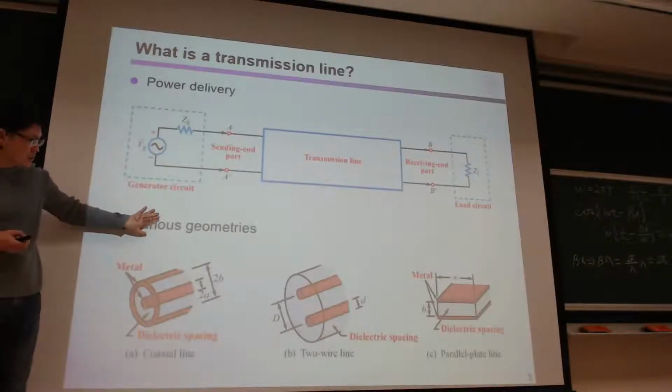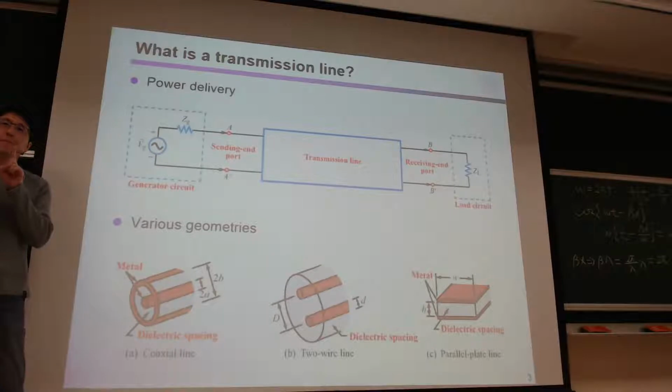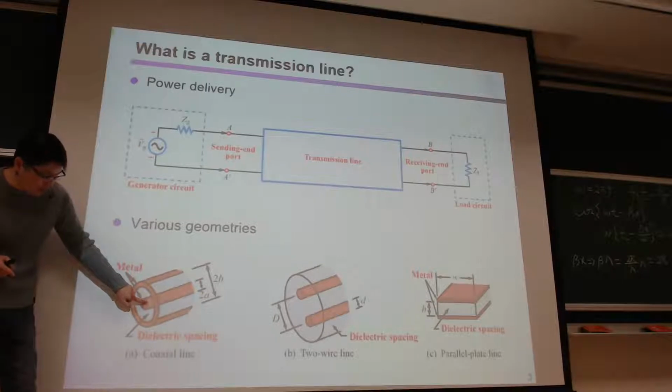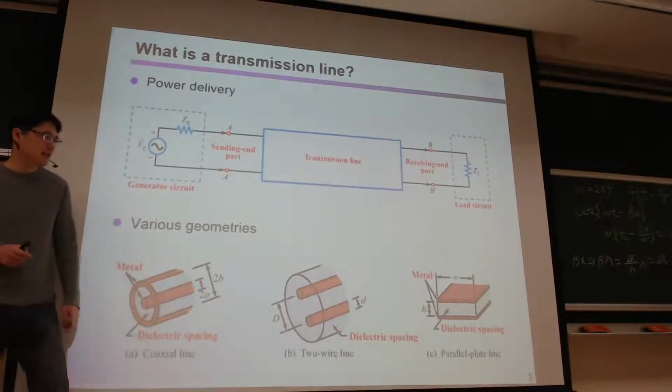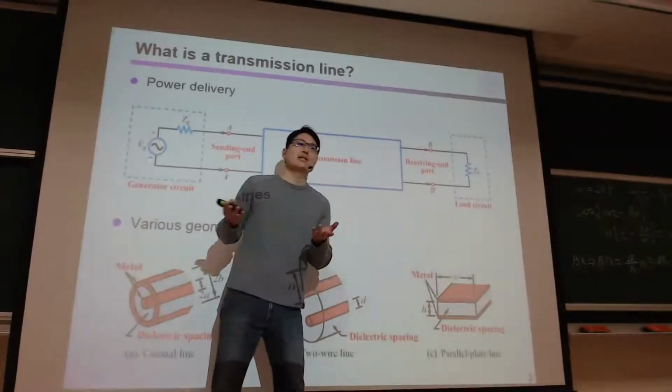So there are various geometries of transmission lines. So basically, you have two metallic conductors in the form of coaxial cable. You can have the core and you can have the grounding conductor. So both are metallic. You can have the two wires or you can have two plates.